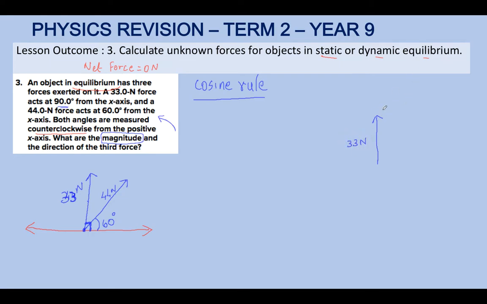The second vector is at 60 degrees. So this angle is 60 degrees and that's 44 newton. And we need to find the third vector's magnitude by using this, right?